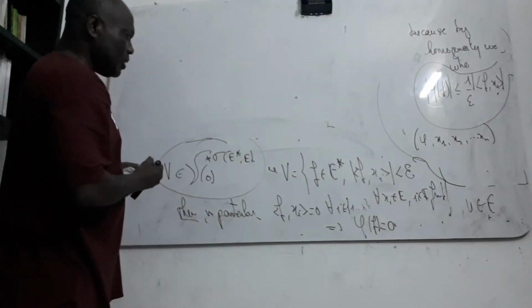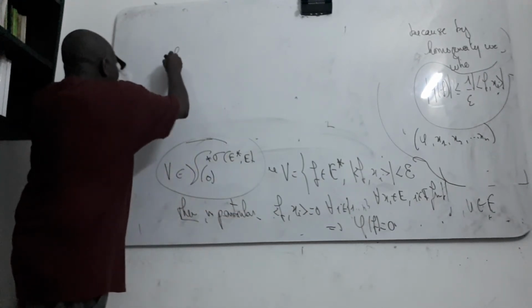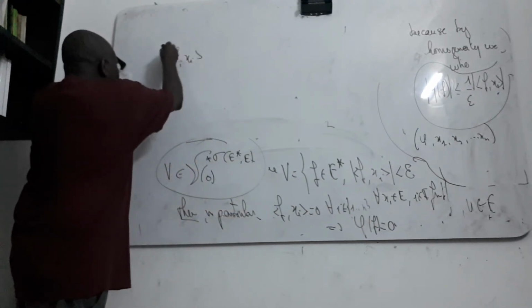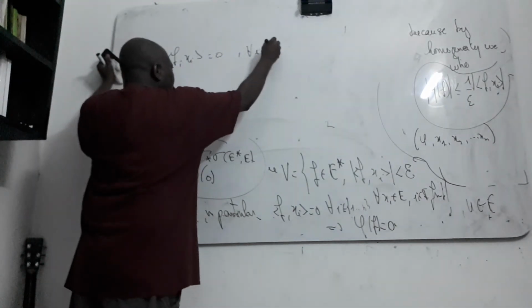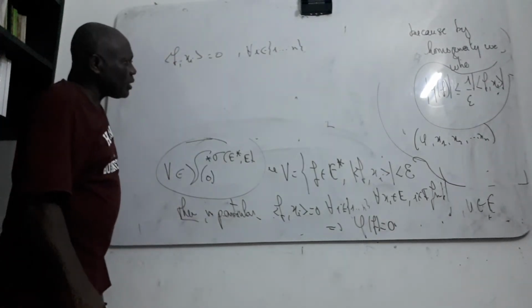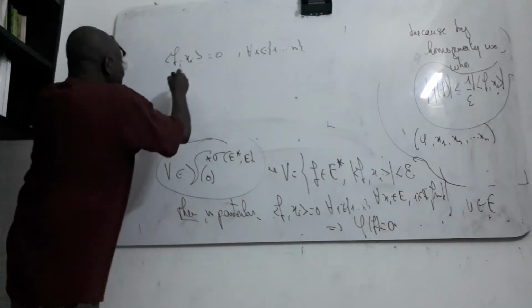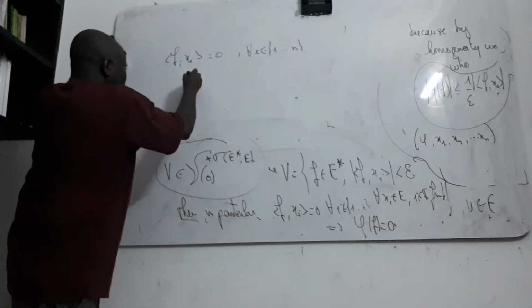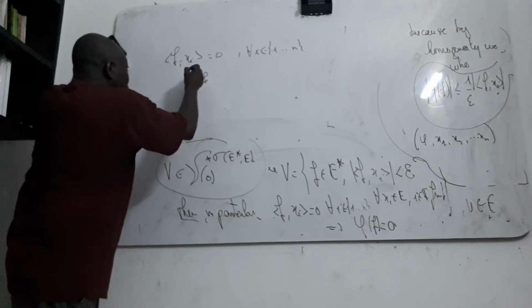And from here, if you suppose that f of this one is equal to 0 for all i, which is 1 over n, that means that you have this condition. You can put it like this, phi of f, if you want. You can do it by this one or this one, it is the same.